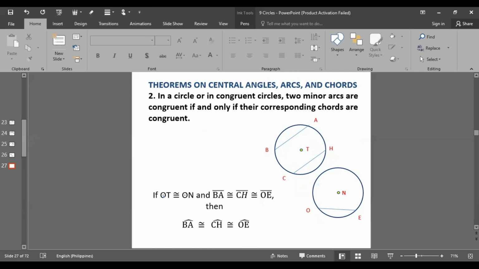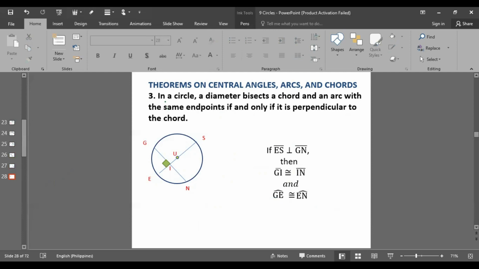Okay, so if circle T is congruent to circle N and line segment BA or chord BA is congruent to chord CH and is congruent to chord OE, then their corresponding intercepted arcs are also congruent to one another.